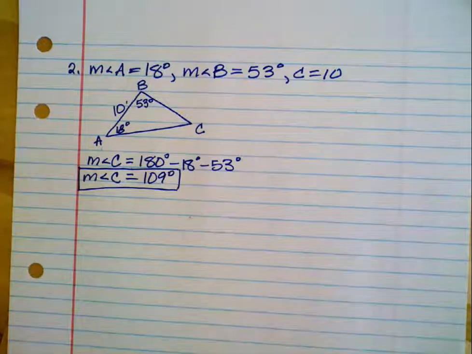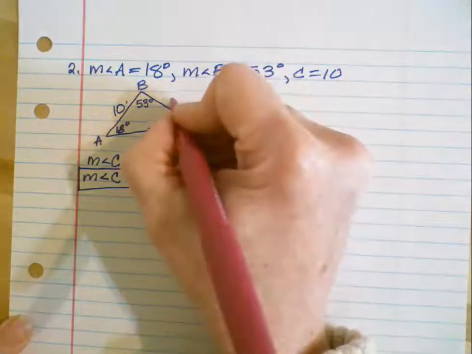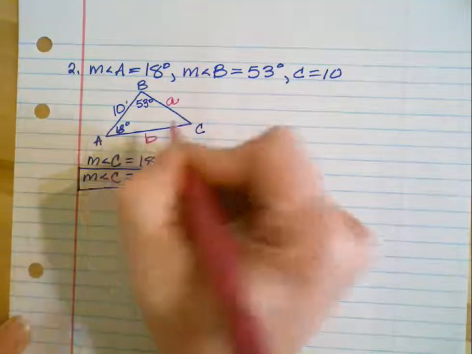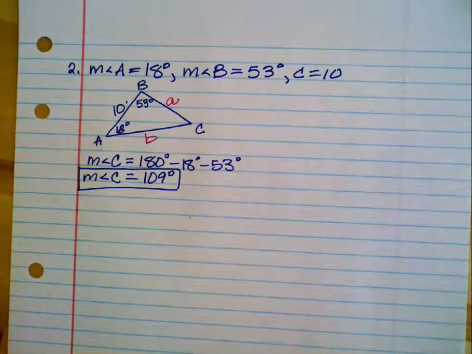Once we have that third angle, now we're ready to set up our law of sines. In this particular case, we don't know the length of side A, opposite angle A, and we don't know the length of side B, much like in the last one. So let's set up our law of sines.